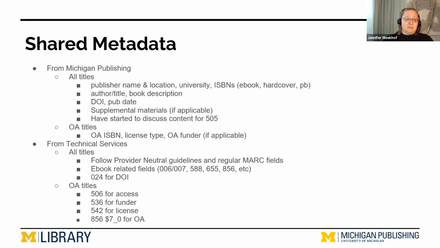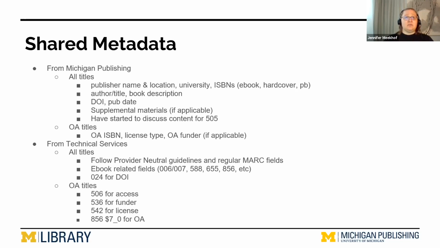We take that information and we, like Jeff said, we create a 506 for the type of access. We create a 536 if there's a funder associated with the resource, then a 542 for the Creative Commons license type. And then we also do an 856 subfield 7 with an input of 0 to identify that it's an open access URL.